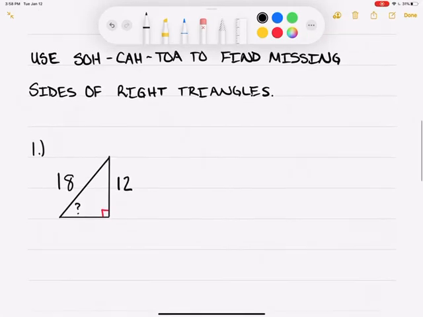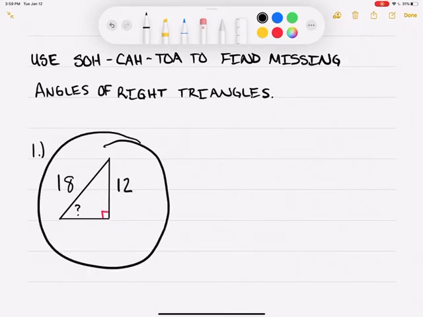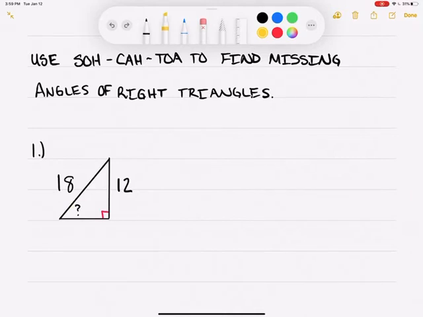All right. So we're going to use SOH-CAH-TOA to find missing angles of right triangles. So as you can see in our first example, I do have a missing angle. There's a question mark here. First thing I want to do, just like I did for any other right triangle problem so far, is I always label my hypotenuse.